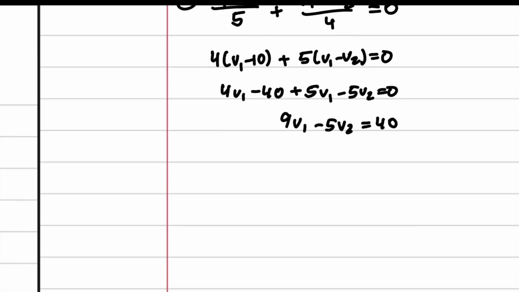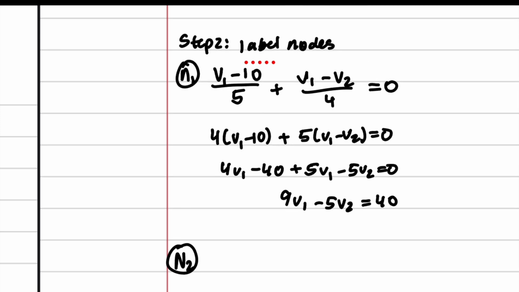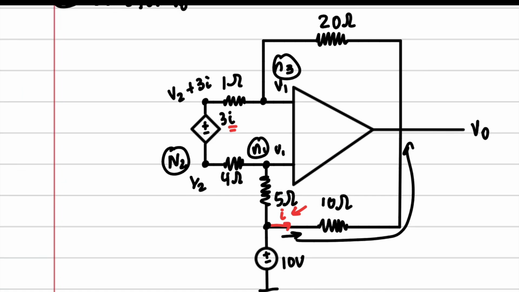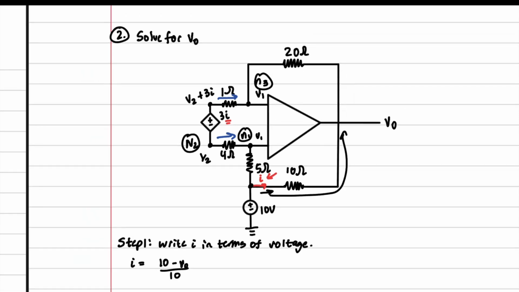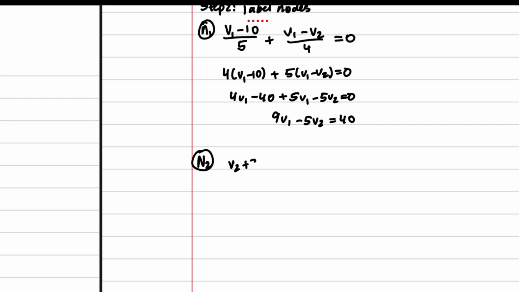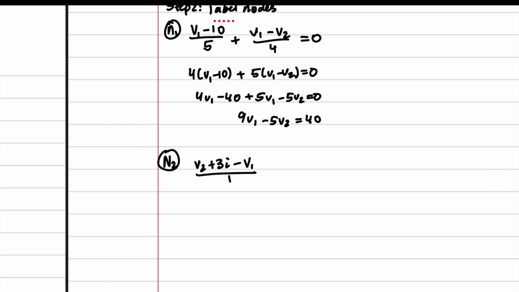And then we will have the supernode next, N2. Now, we're going to go ahead and solve the supernode, and this supernode only has 2 branches, two currents. So we have (V2 plus 3i minus V1) over 1 plus (V2 minus V1) over 4 is equal to 0.